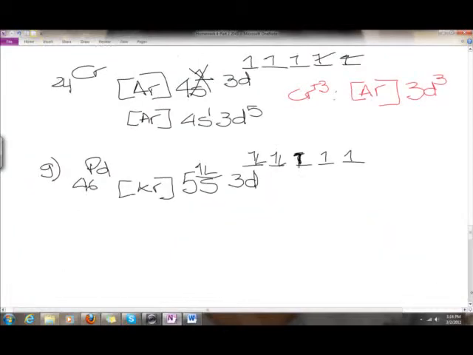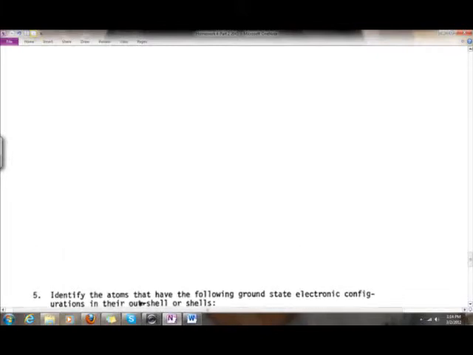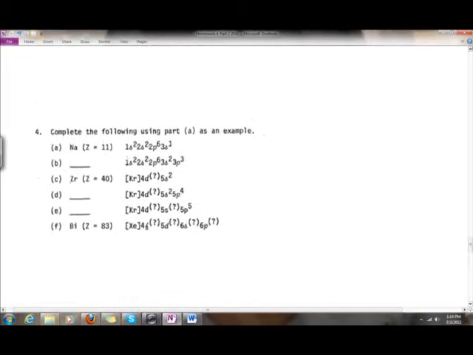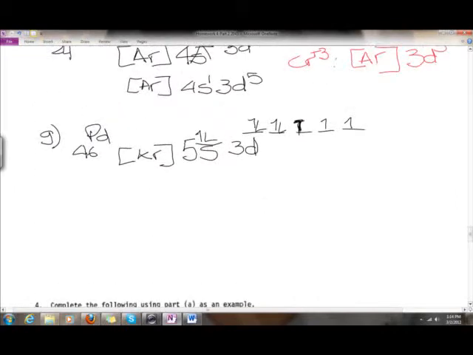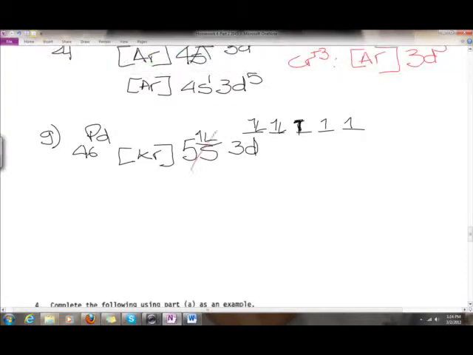Again, don't forget that a transition metal always loses the s first, because although it is at a lower energy level, because of the shielding and the repulsions, this one is the outermost shell. So what would be the electron configuration? It's going to be krypton 4d8.